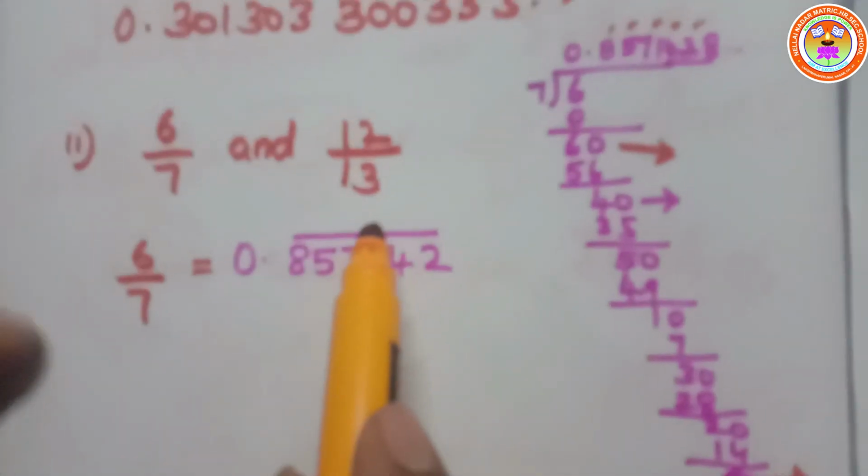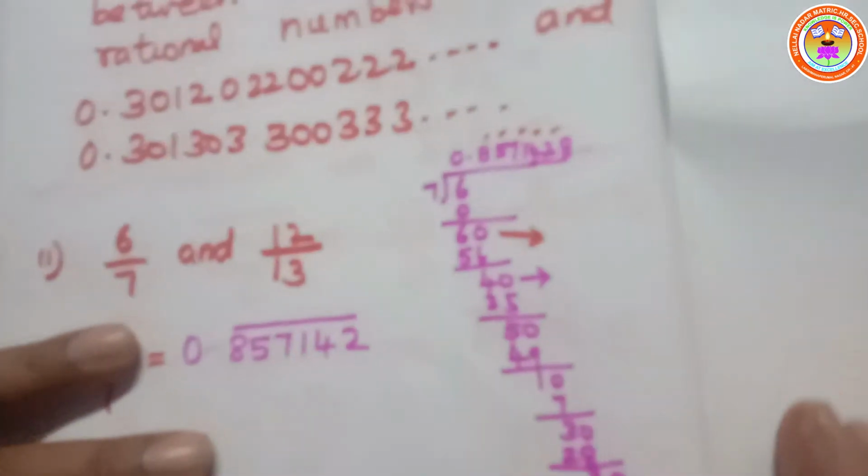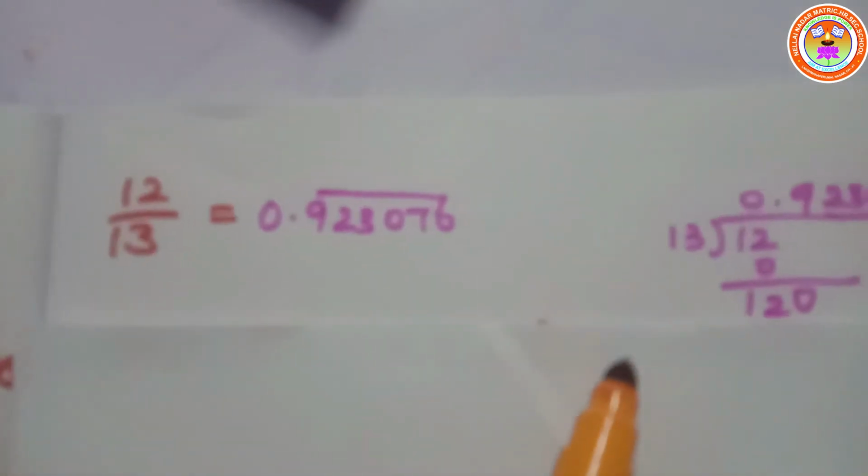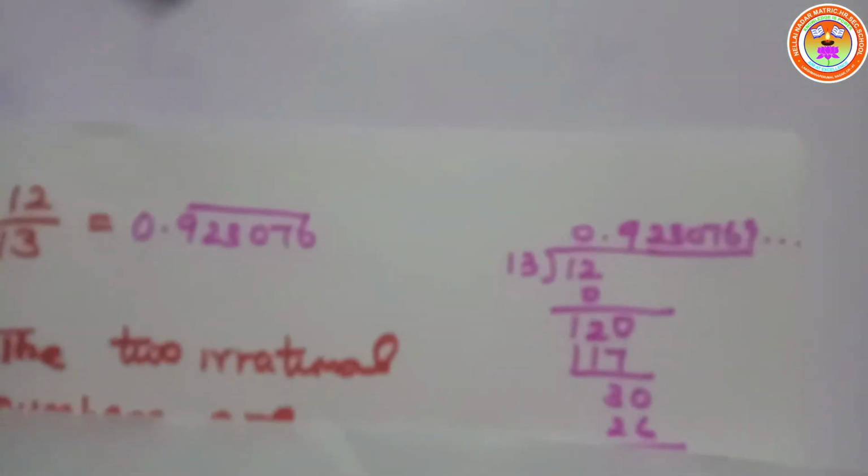Next you have to find 12 by 13, same way. 13 divided into 12.